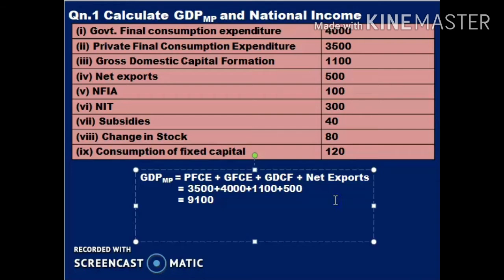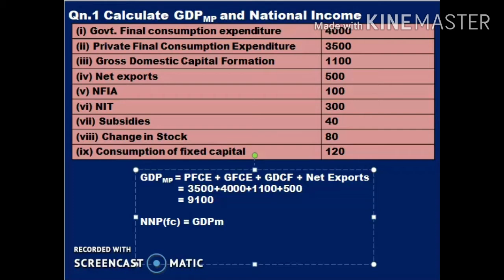The next part of the question is national income. How will you find it? You have to find NNPFC. GDP MP is given, so you convert the remaining portion.